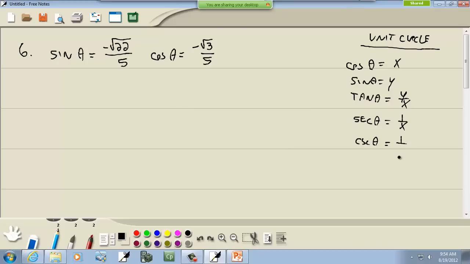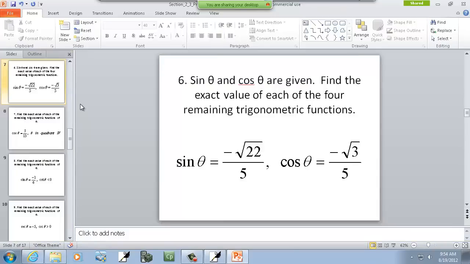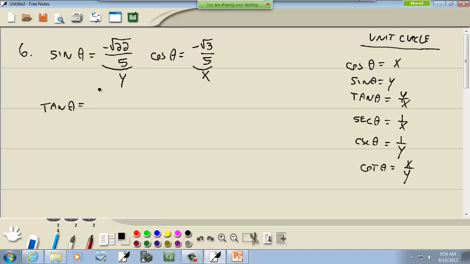Cosecant is equal to 1 over y. And cotangent is equal to x over y. Well, this here would be our y, and this would be our x, based upon that. So let's find tangent. I think it's to find the other 4. Find the exact value of each of the 4 remaining trig functions.